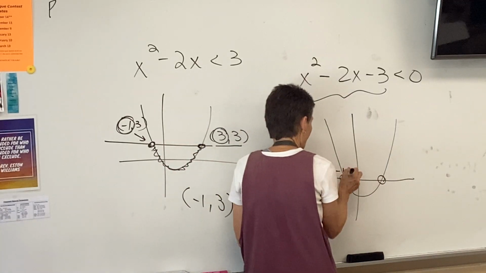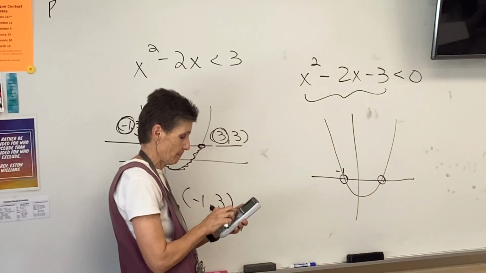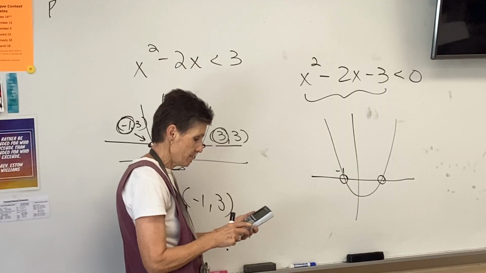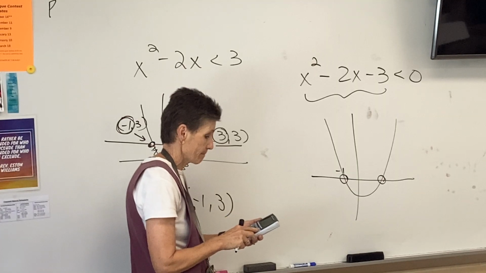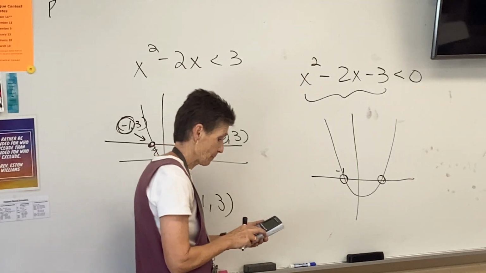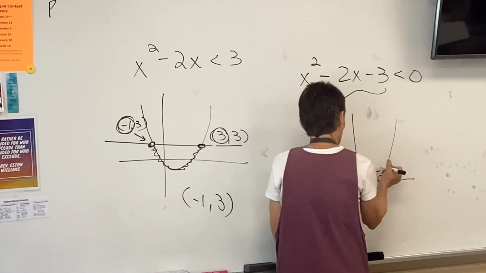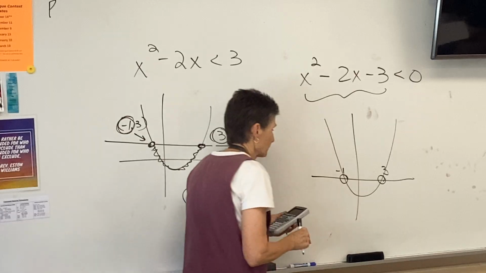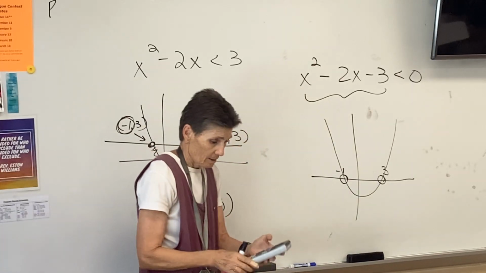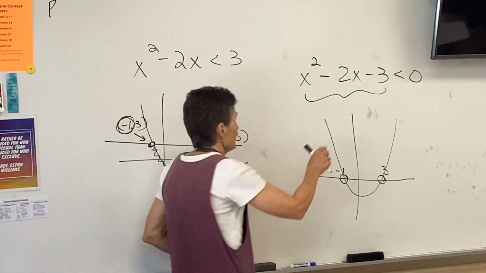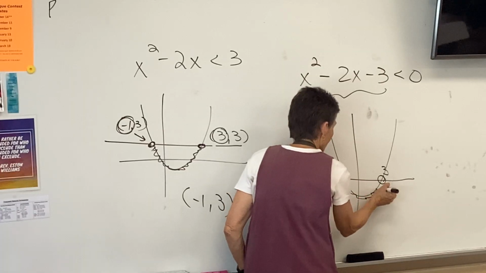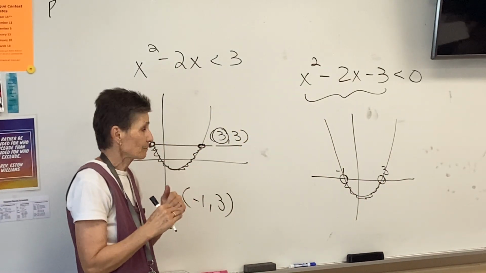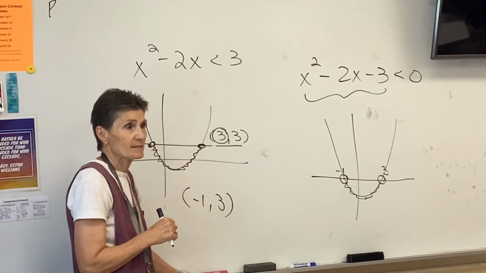And lo and behold, that x-coordinate's negative 1. Do it again on the other side. And this one is a positive 3. It's a less than, so we're looking at all the x's underneath those dots. So we get exactly the same answer.